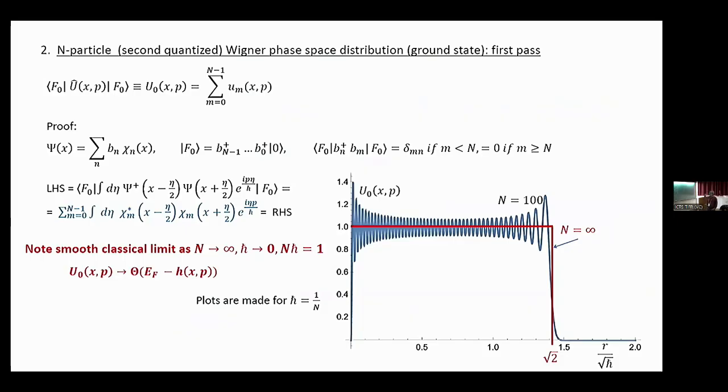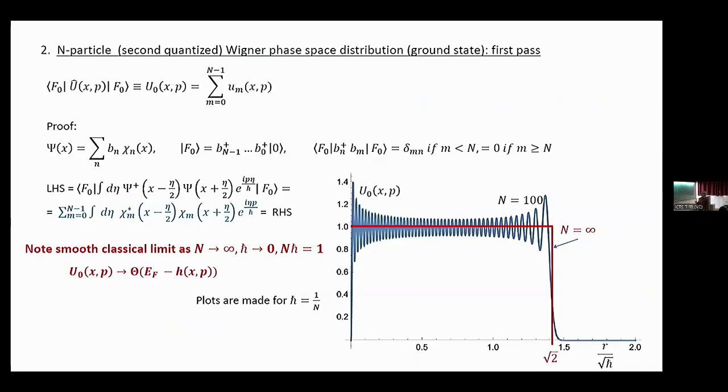Okay. So this is a plot for the harmonic oscillator. More generally, you can show that it goes to a theta function of this kind, where the single particle Hamiltonian, the classical Hamiltonian, is bounded by a Fermi energy. Okay, so it's given by a droplet whose boundary is the Fermi surface.